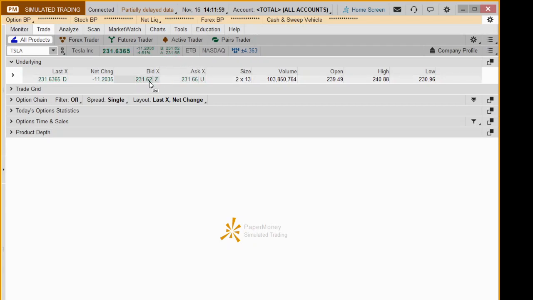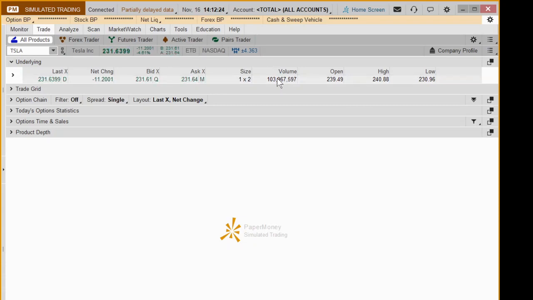So this is 231.62, 231.67. They kind of move adjacent to one another. You want to make sure that those are really tight together. The wider the spread, the less money you get in return. So find something with some tight spreads, good to go. And this works for the options as well.